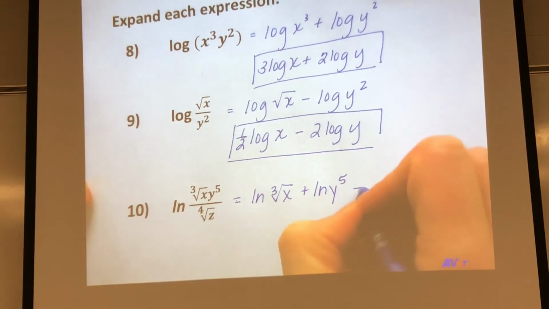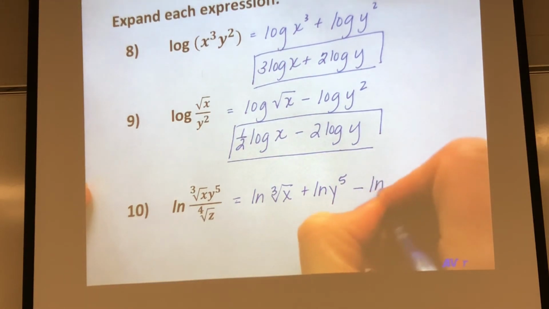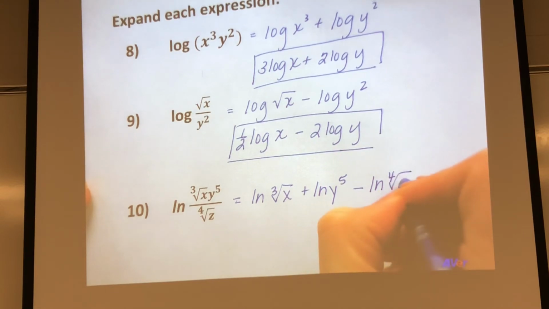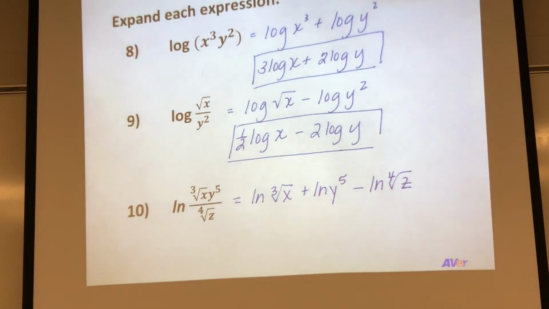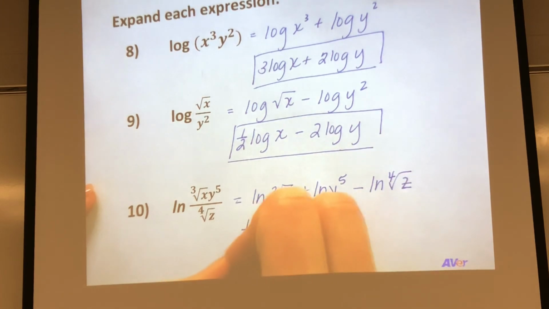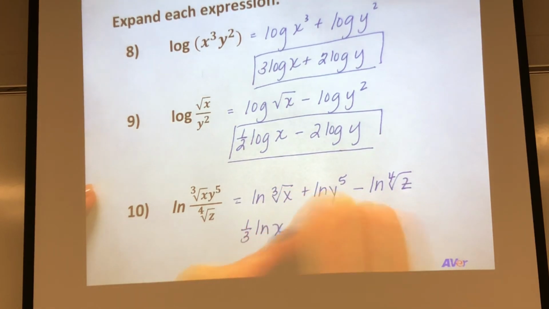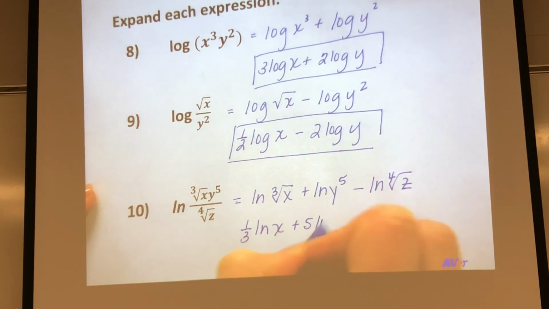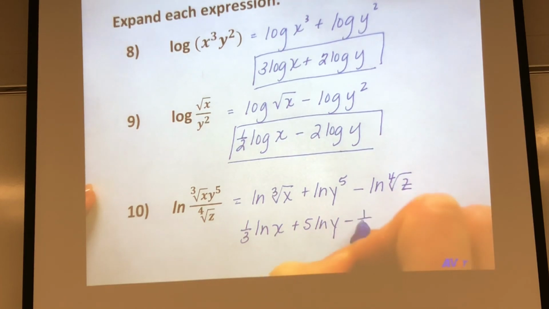So dividing is subtraction. So we have a natural log of the 4th root of z. And then we move all those exponents to be a coefficient in the front. This would be an exponent of 1/3. So we have 1/3 natural log x plus 5 natural log y minus 1/4 natural log z.